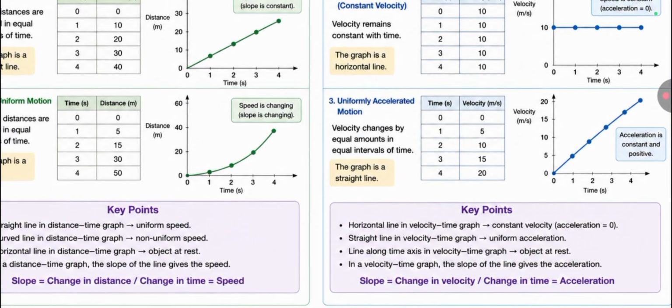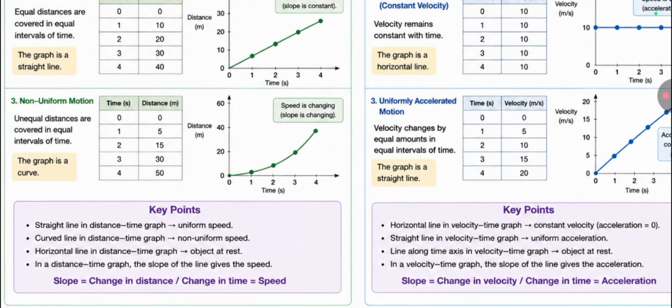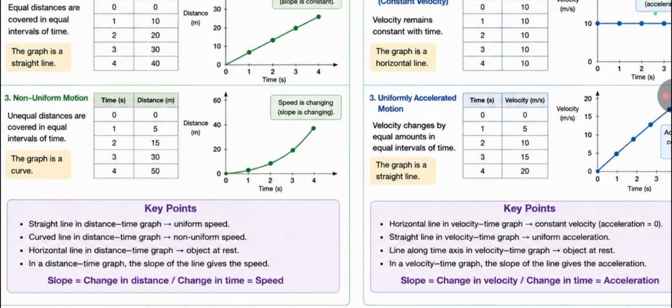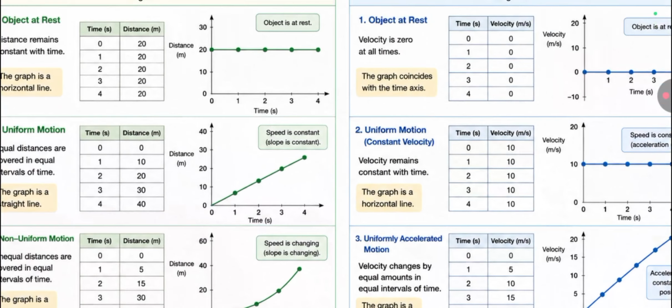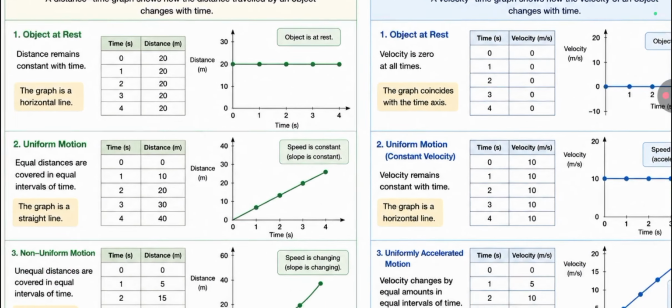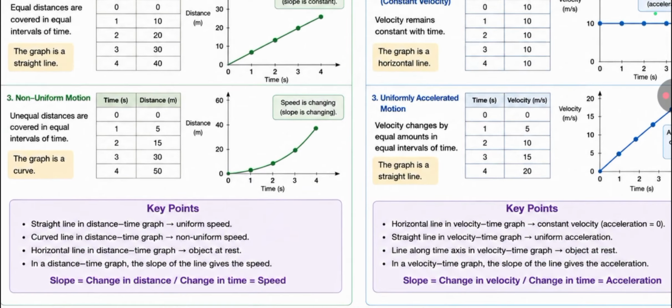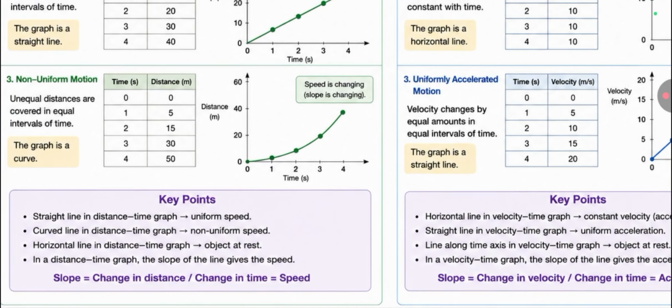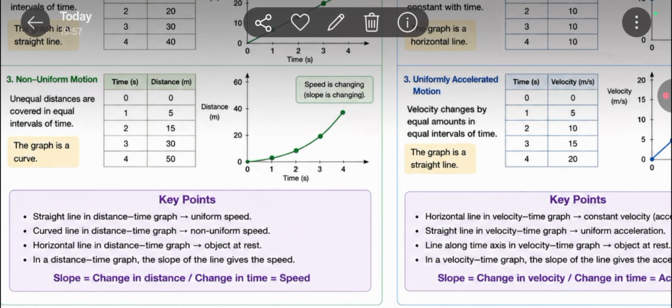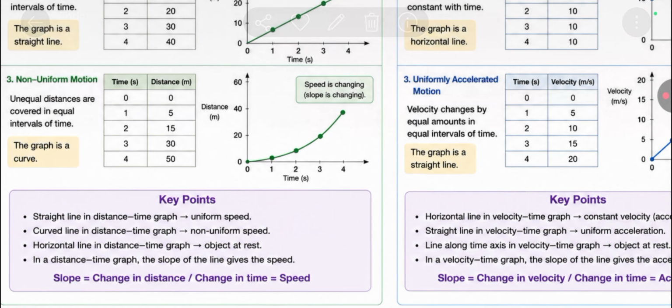Now, what we discussed in this topic, the distance time graph and velocity time graph. A straight line in a distance time graph indicates uniform speed.